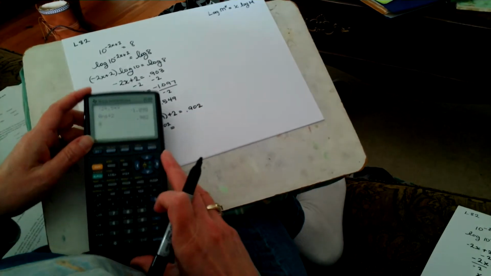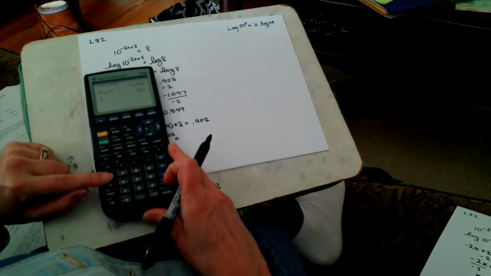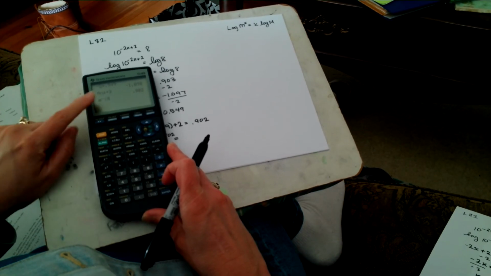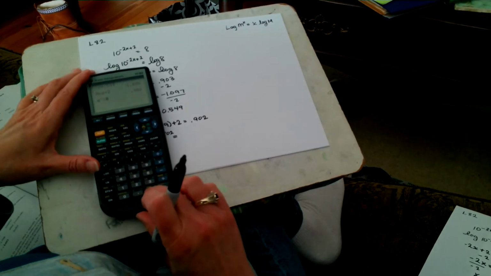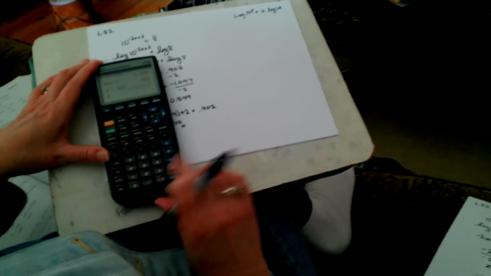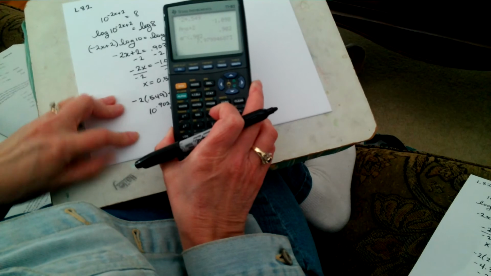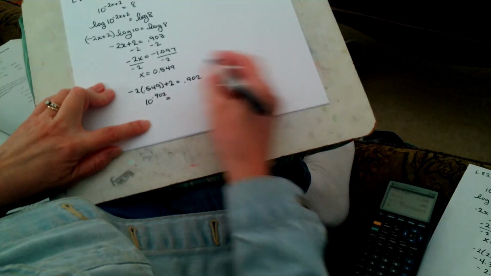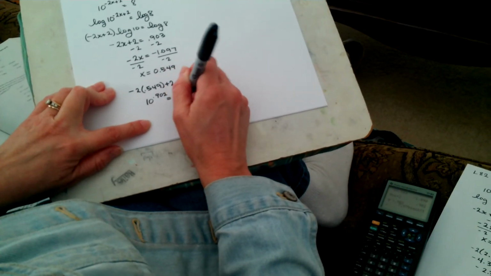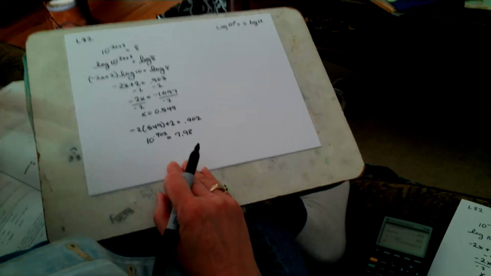And let's see if that's true. So I do my second function here, which gives me 10 raised to 0.902, enter. I get 7.98, which is approximately 8.